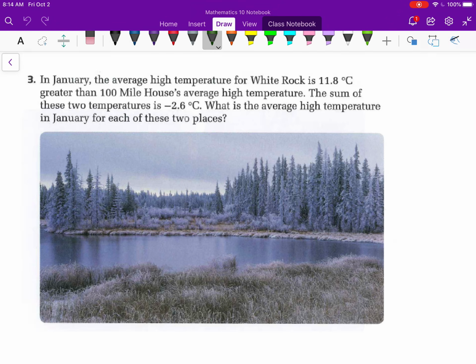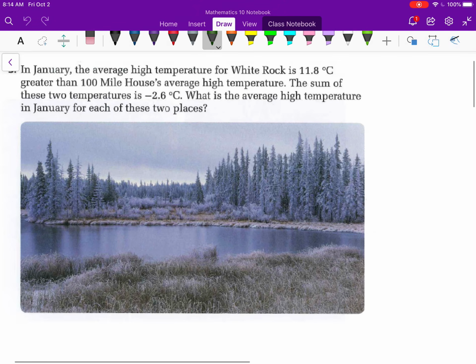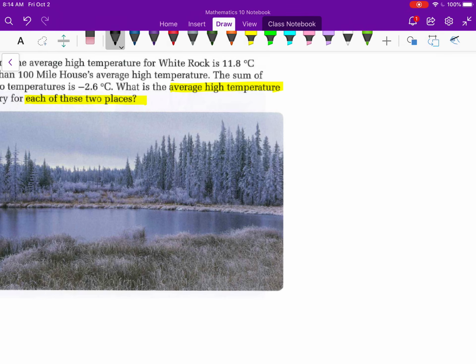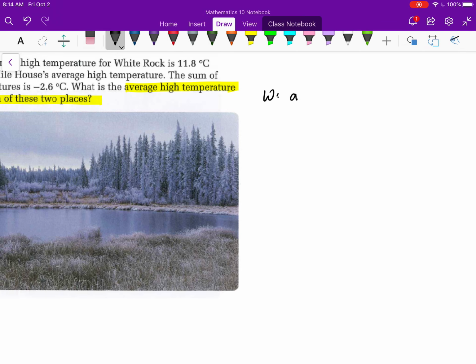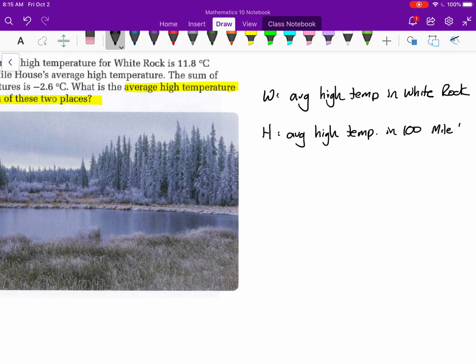All right, so first, what are the two unknowns? Well, in this case, they make it pretty clear: the average high temperature for each of the two places, White Rock and 100 Mile House. So I'll pick a variable, W, for the average high temperature in White Rock in January, and for 100 Mile House, I'll put an H, the average high temperature in 100 Mile House.